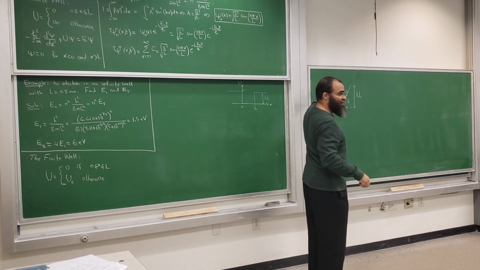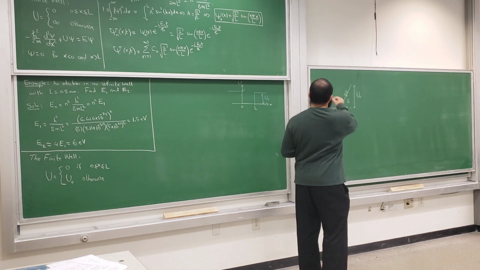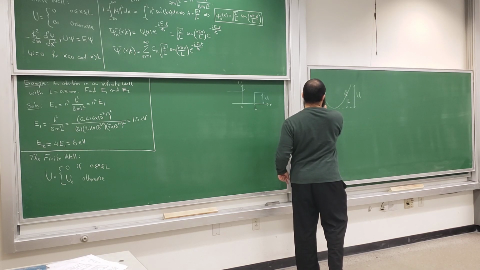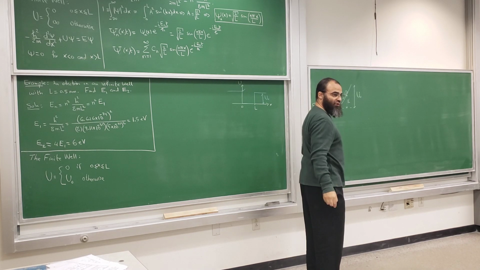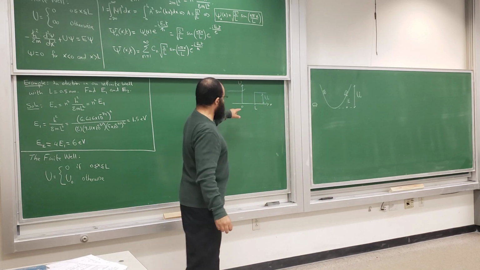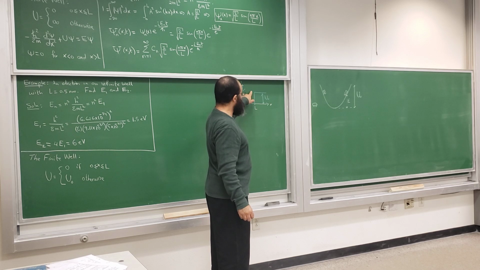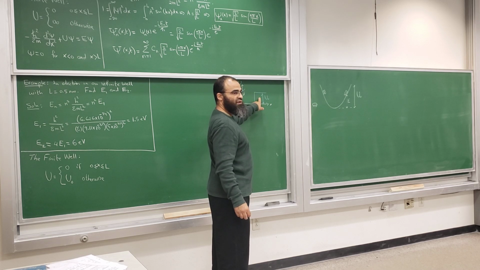Those are the turning points. Can the cart be here? Or can the cart eventually escape and get here? No. In here, it's actually going to be different. The particle can be in the well, and it has less energy than the height of the well, and there is a chance that the particle will tunnel through and be outside of the well.